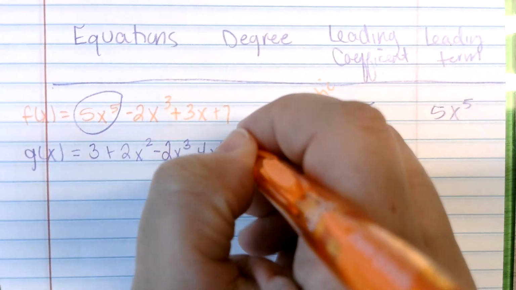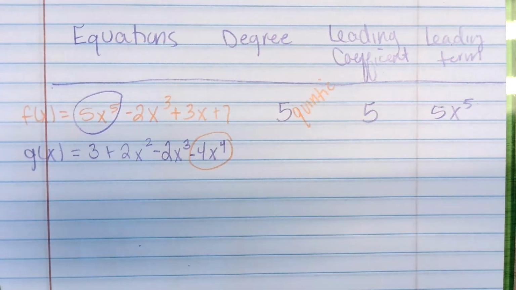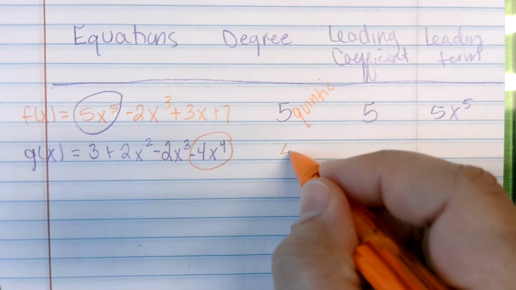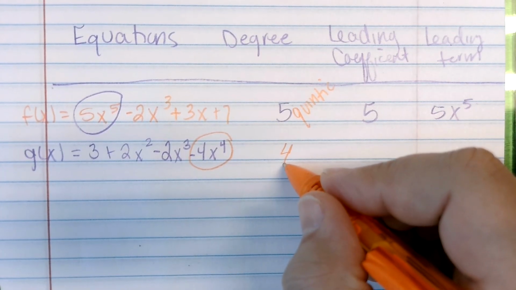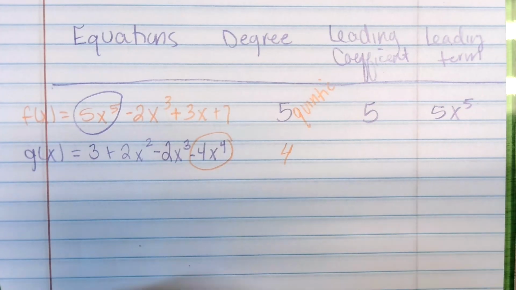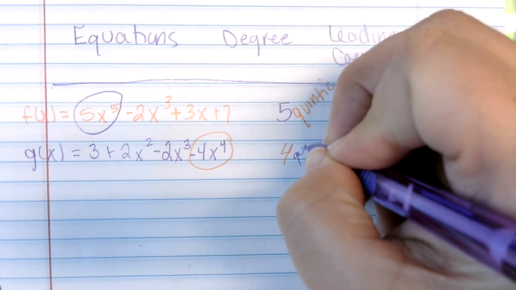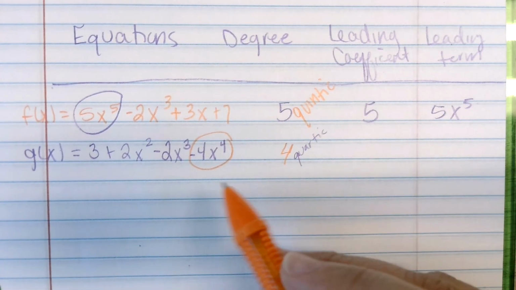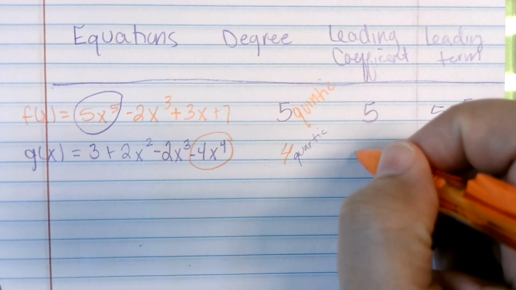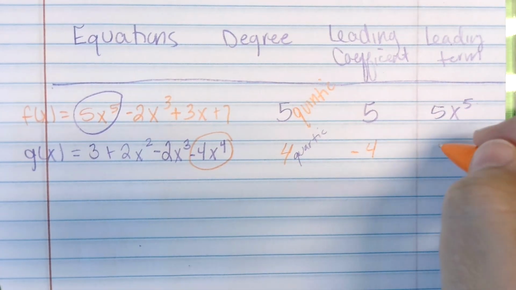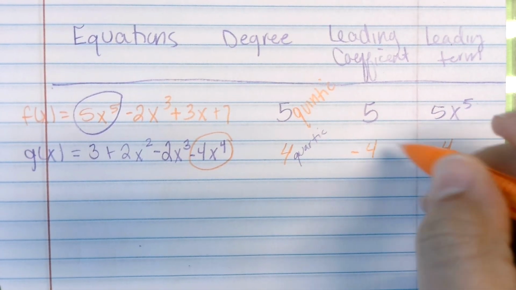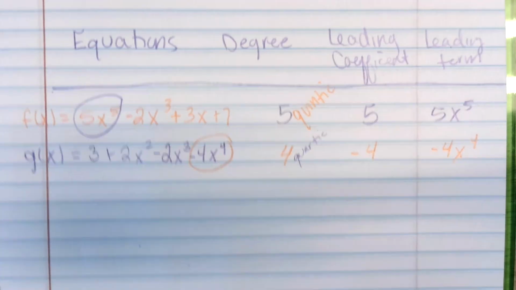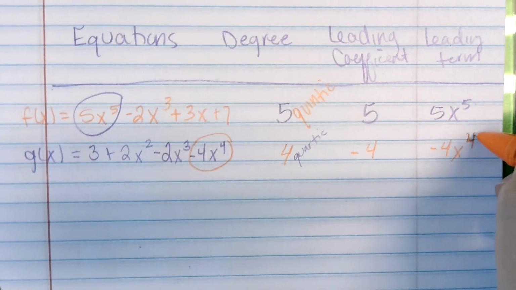So in this case, I wrote it in a different order so that you can find the highest power of 4. So this is a degree 4 function, which is called a quartic function. It has a leading coefficient of -4, and the whole thing is our leading term, -4x to the power of 4.